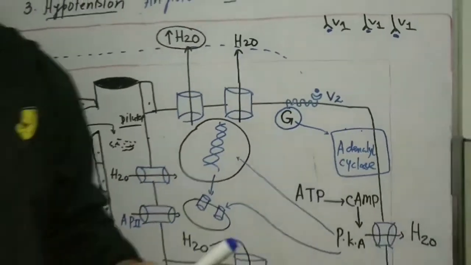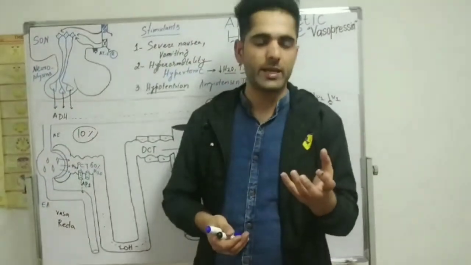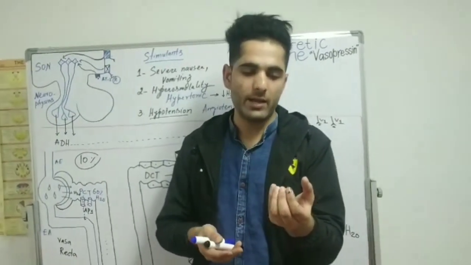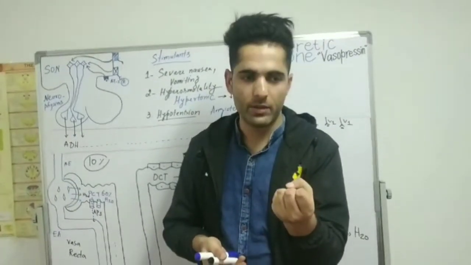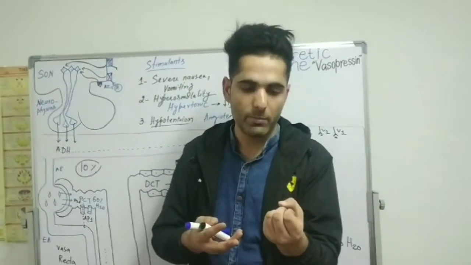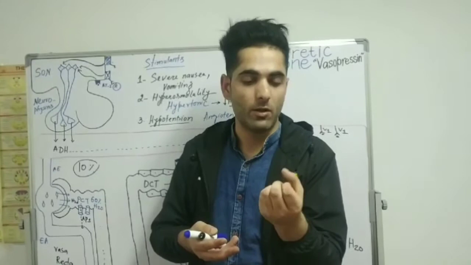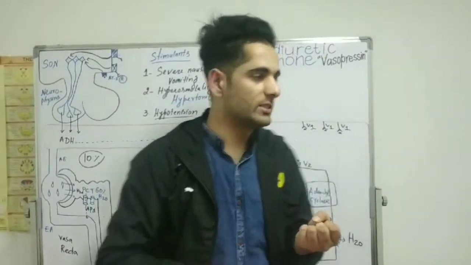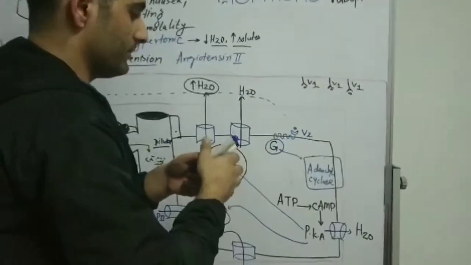Now, I can show you here. Suppose you take a pipe, and water is flowing through the pipe. When you press the pipe, the pressure inside the pipe will increase, and there will be rapid water flow. Same condition if you apply here.